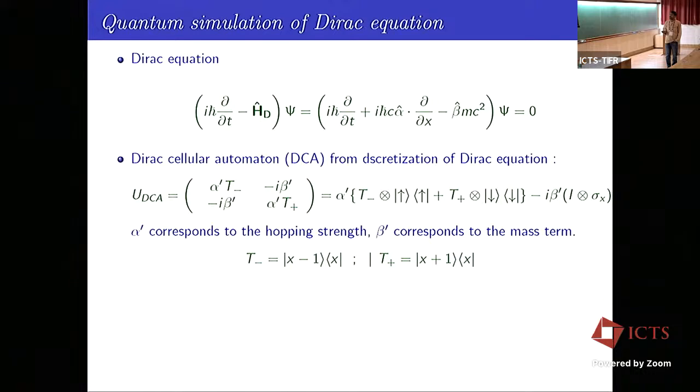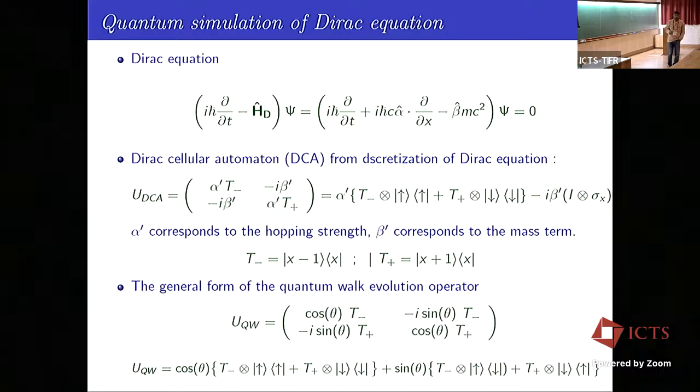Now, if I'm looking at this 2x2 unitary matrix, it has a component which moves to the left, which means that you can look at the derivative in position space, and there is also a component which moves to the right depending on the spin of the particle. And there's a mass term here, where I'm writing this beta mc squared as beta prime. So there will be a component which moves to the left and right, and there will also be a component which does not move in the unitary operator.